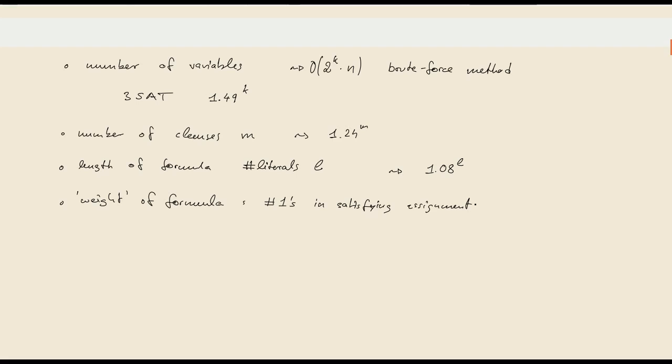So this is an interesting parameter, because if you change the formula only a bit, then this weight might change a lot. But it's a thinkable parameter, and maybe it helps to use this one to get a good algorithm.